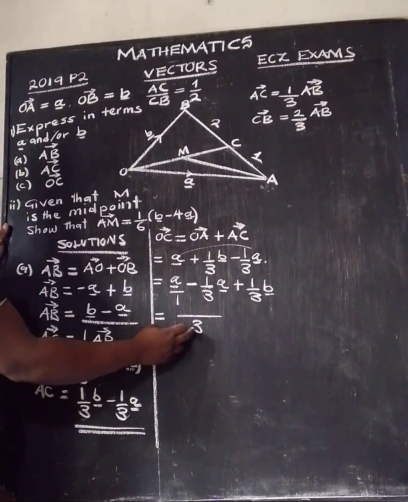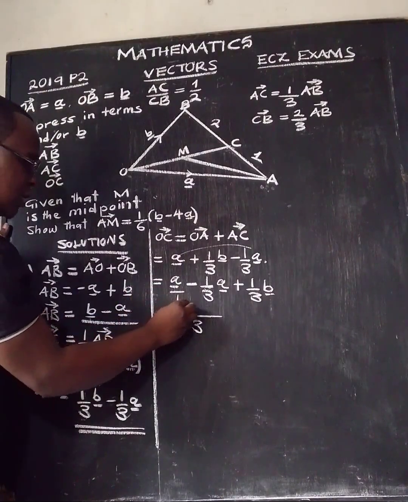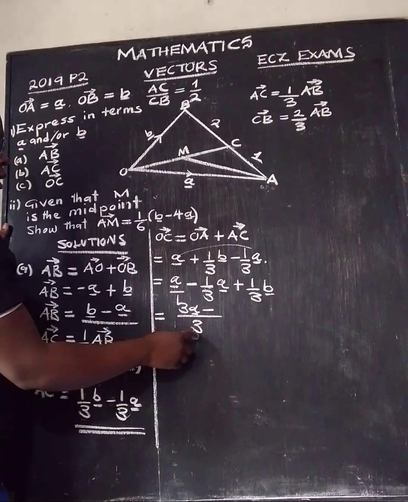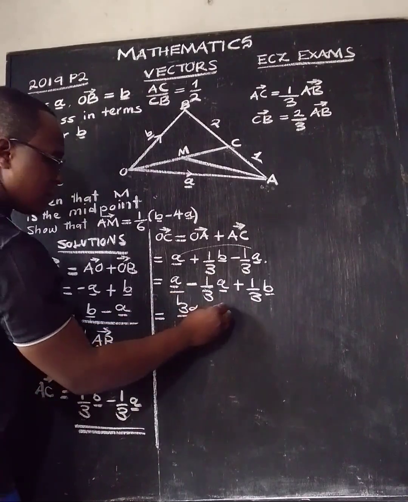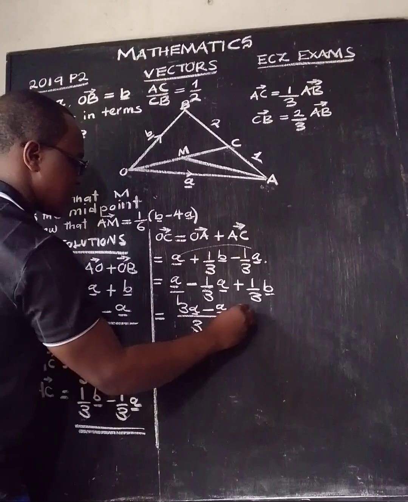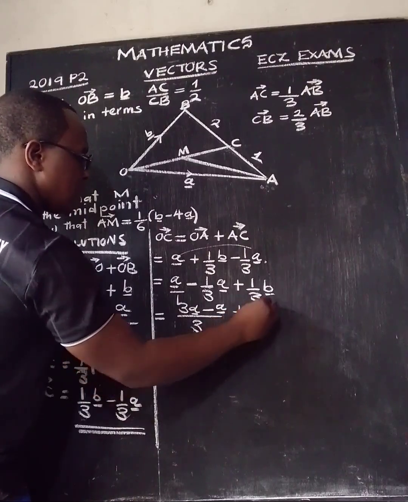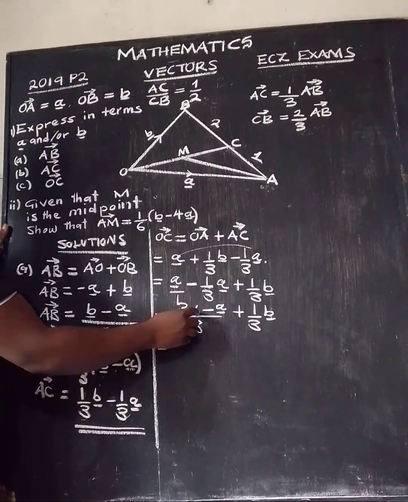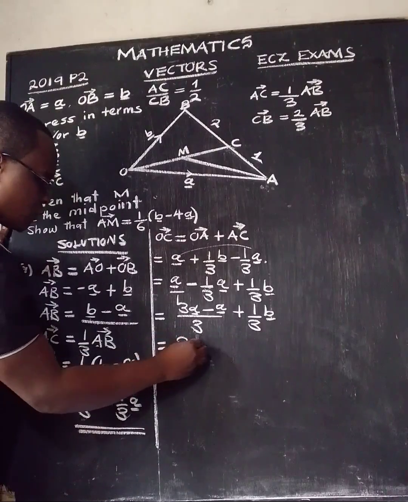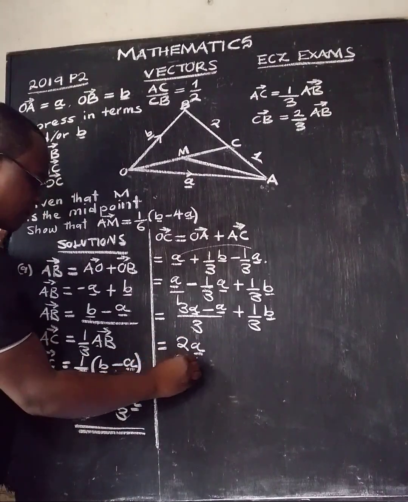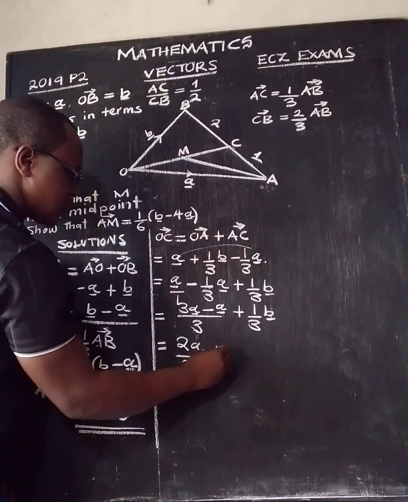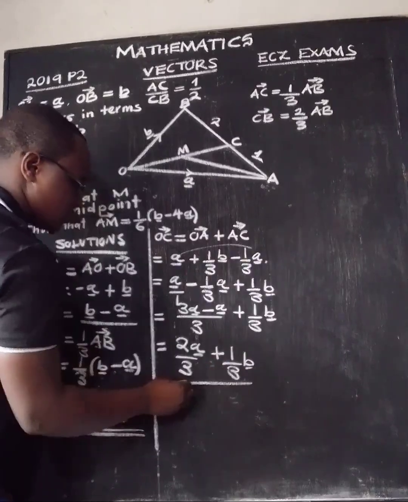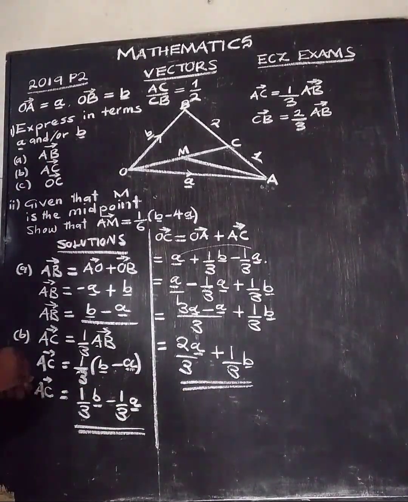Then 1 times 3 is 3, so 3 vector A, minus 1 times vector A, you get vector A, plus 1 over 3 vector B. So it's equal to 3 vector A minus vector A, you get 2 vector A over 3, plus 1 over 3 vector B. So this is our answer.